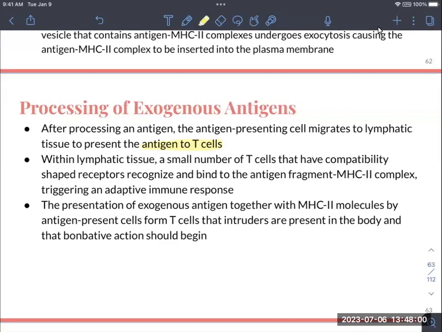And these antigen presenting cells form T cells that, when intruders are present in the body, are going to create this action to kill off this specific type of antigen.